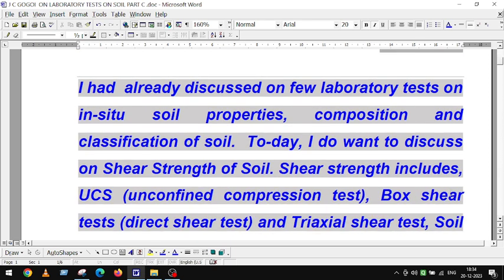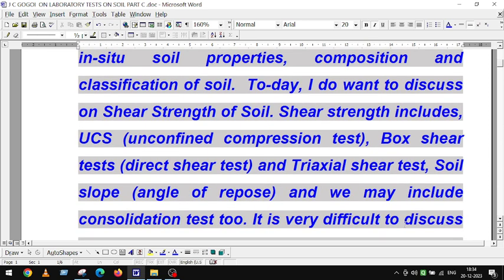Shear strength of soil includes UCS, unconfined compression test, which gives us unconfined compressive strength, box shear test, which we normally term as direct shear test, and triaxial shear test.